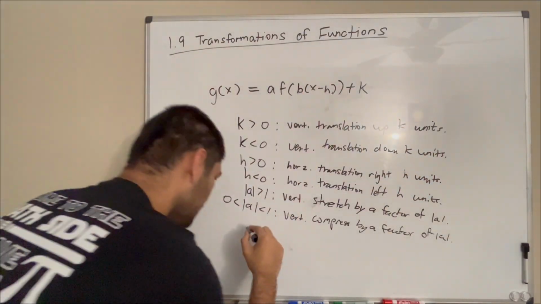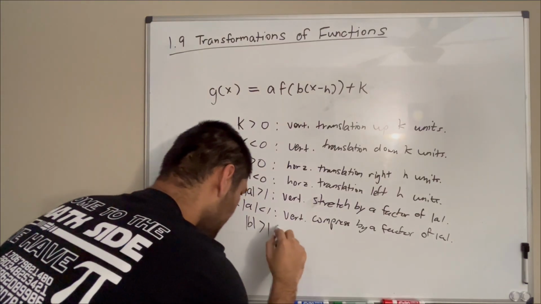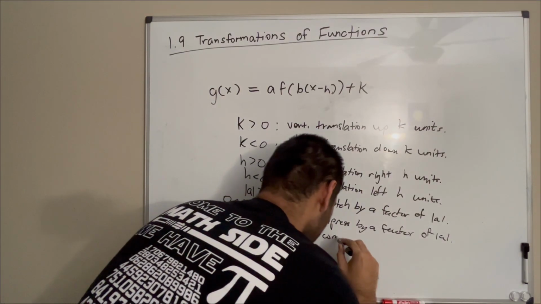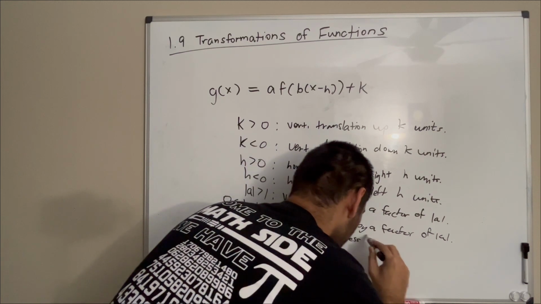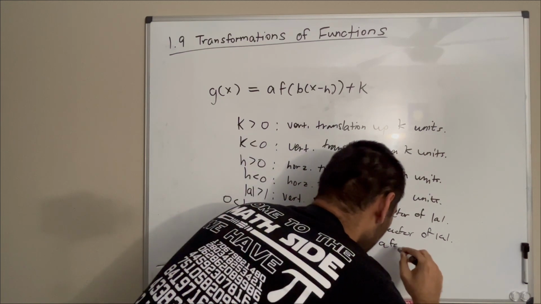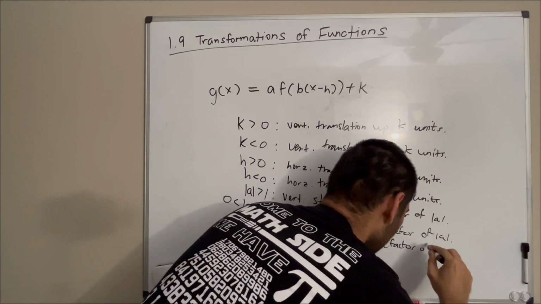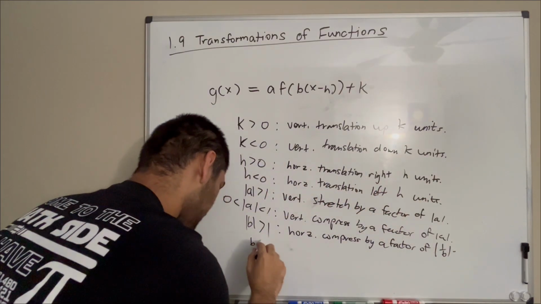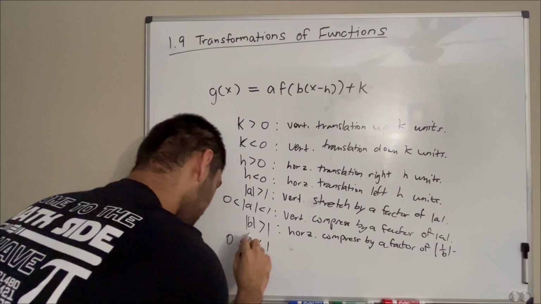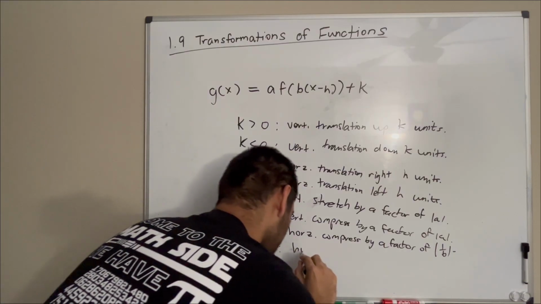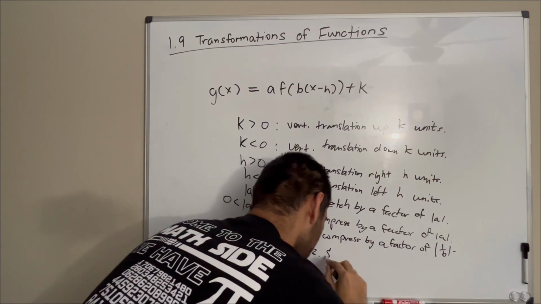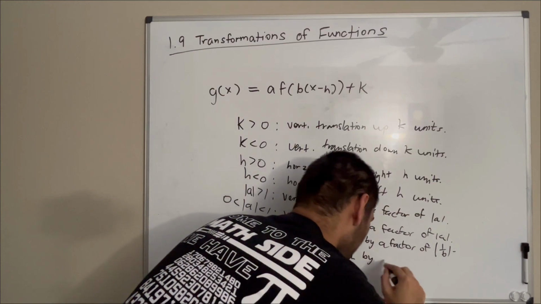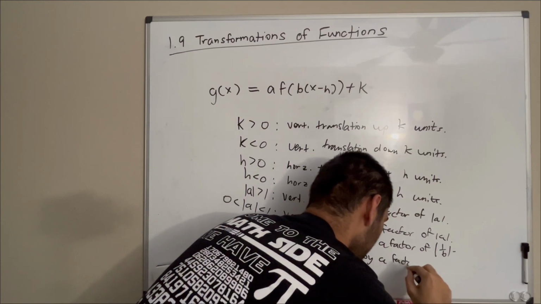And similarly, for B, when it's greater than 1, it's a horizontal compress by a factor of 1 over B. And then when B is between 1 and 0, it's a horizontal stretch by a factor of 1 over B.